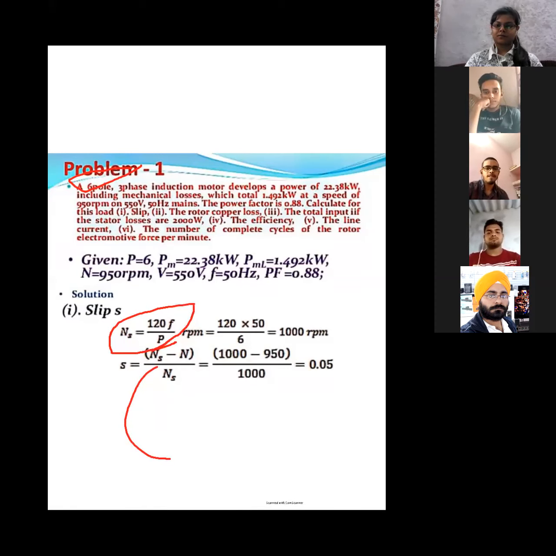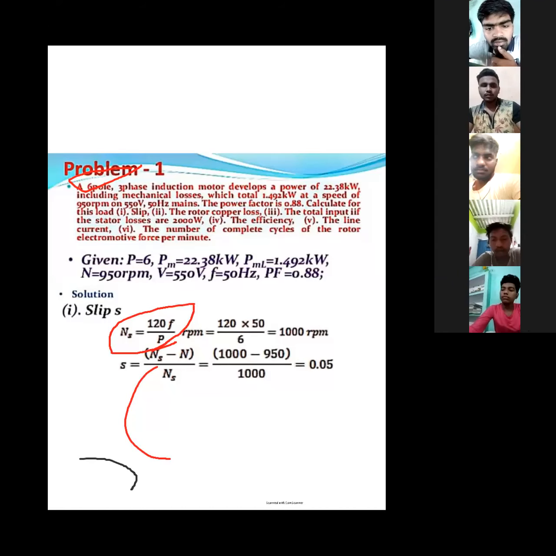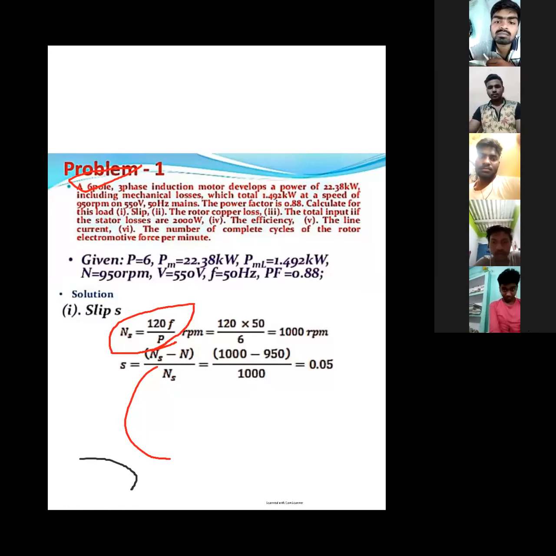Suppose the slip is 5%. The physical meaning is that the speed of the rotor is 5% less as compared to the synchronous speed, or the speed of the rotating magnetic field.